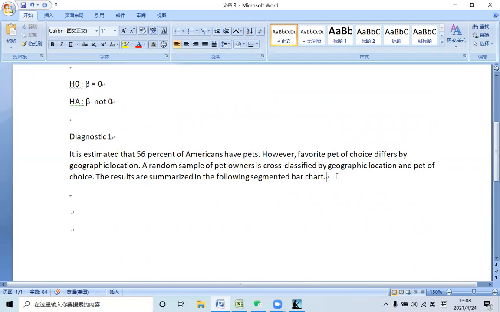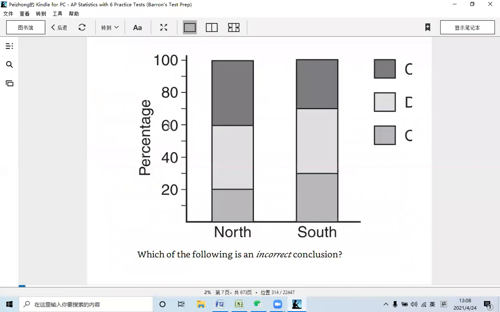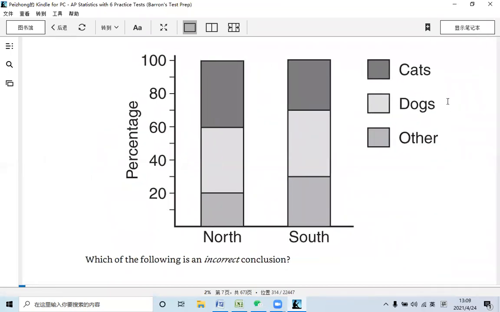The result is in a bar chart. Let's see here. Oh, it's not really showing all the... Oh, here we go. All right. Which of the following is an incorrect conclusion?